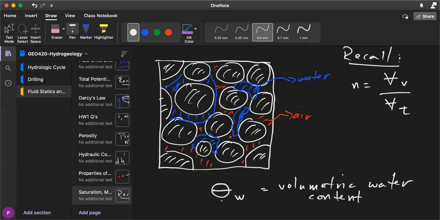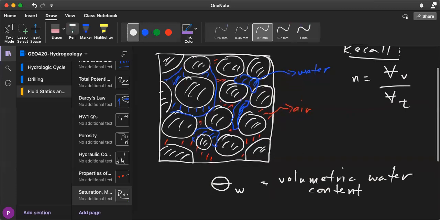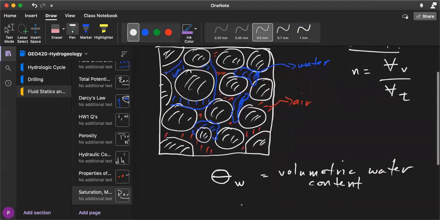Often gets called theta sub W. And it gets defined as the volume of water, the volumetric water, over the total volume.